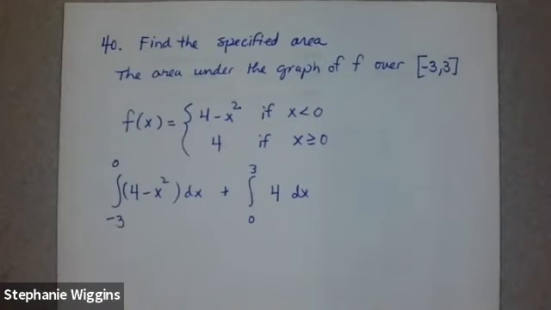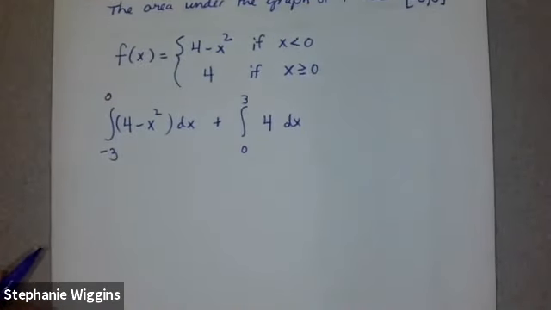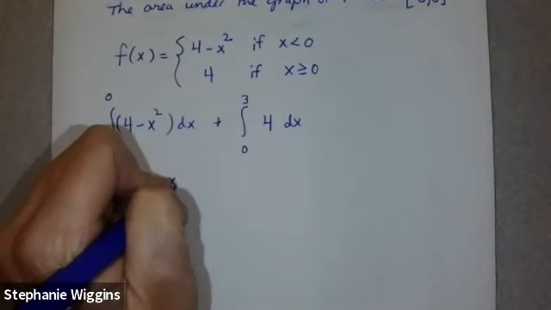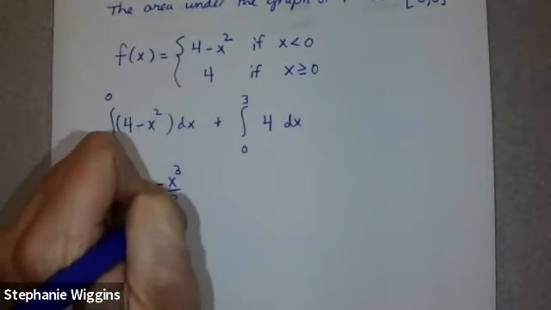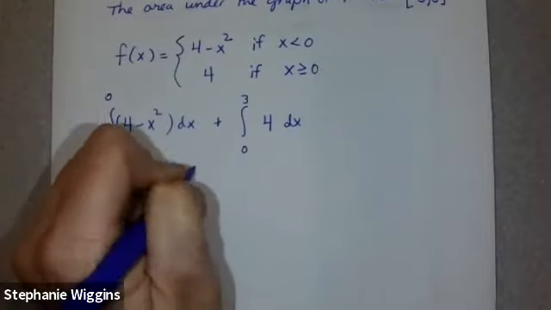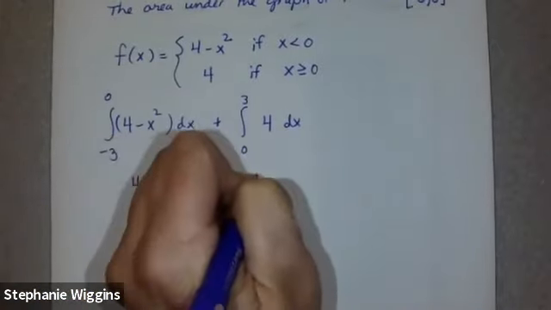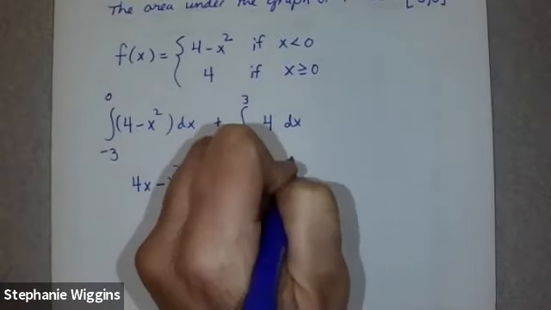Doing the integration, I get 4x minus x cubed over 3, and then I'm going to evaluate it from -3 to 0. And then I've got 4x evaluated from 0 to 3.